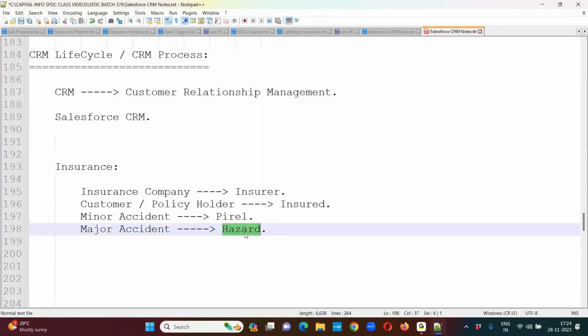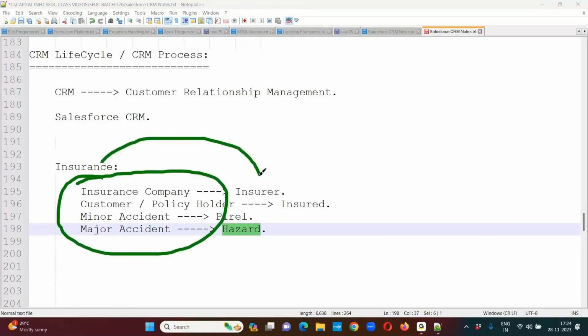In the real world, we use different terminology, but as part of the insurance domain, we use different terminology like insurer, insured, peril, hazard, various domain specific terminology. In a similar way, as part of the CRM domain also, we have CRM domain specific terminologies.